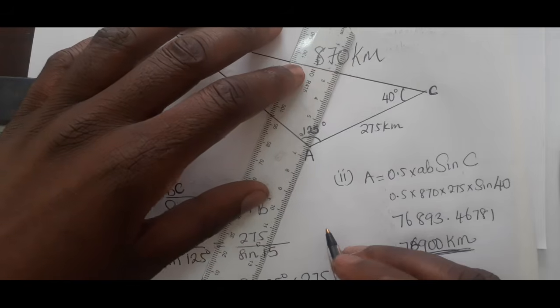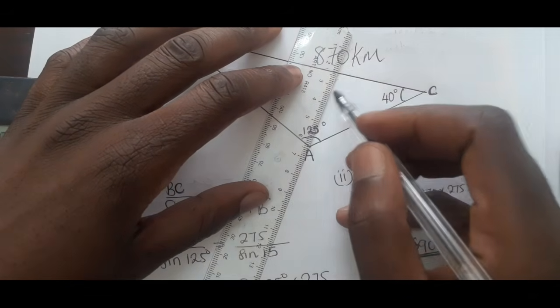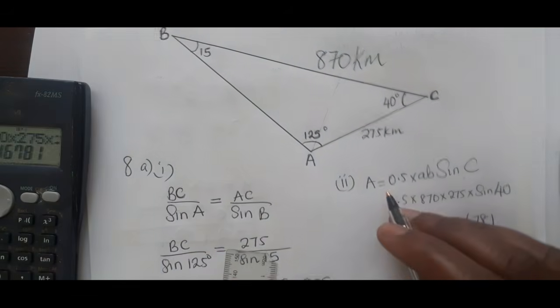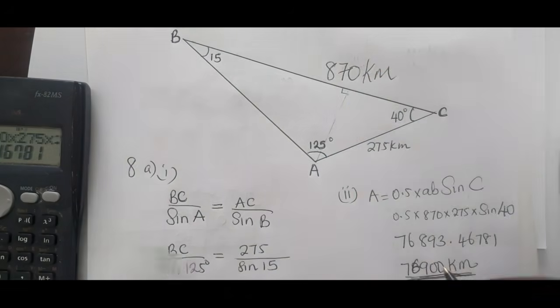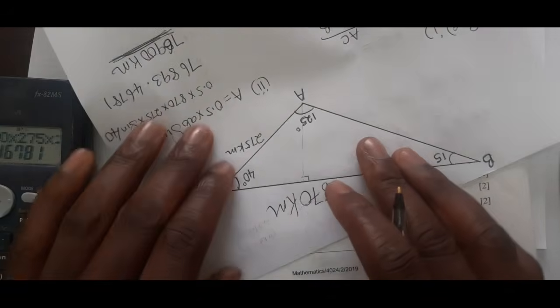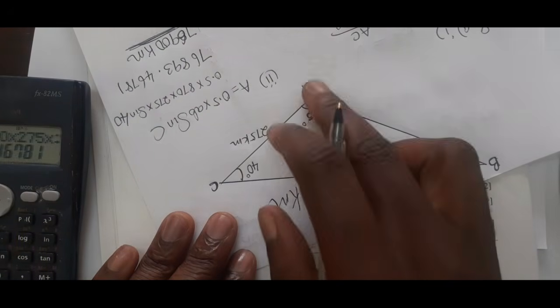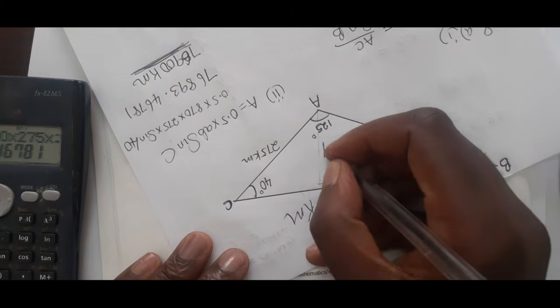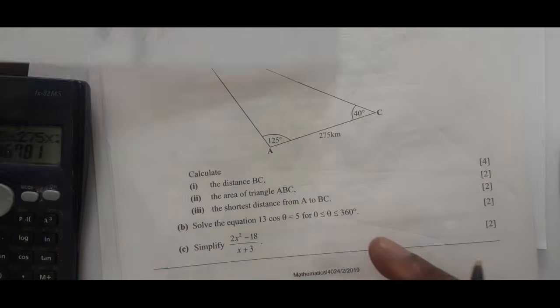From A to BC here. So at this point, it even forms 90 degrees. So it's like we have it in this manner. It forms a 90 degrees here. So this one has become our height.